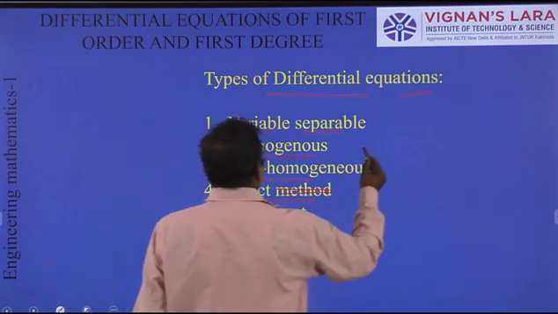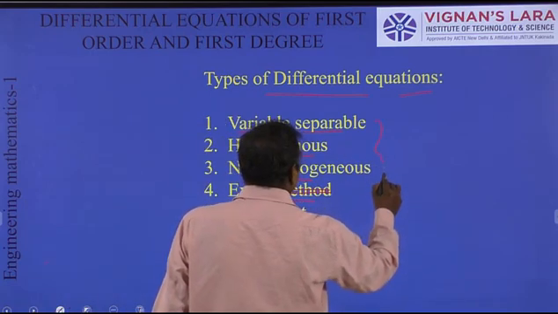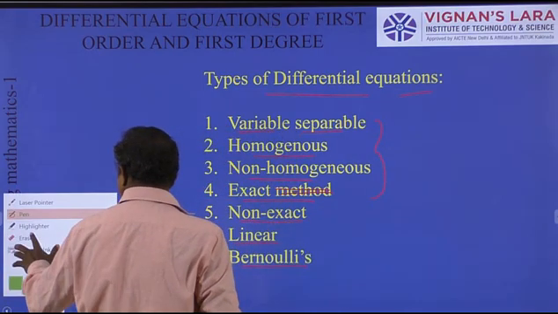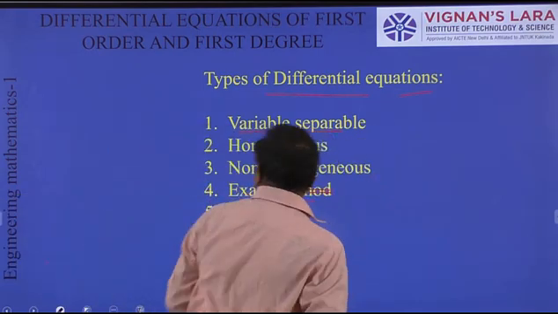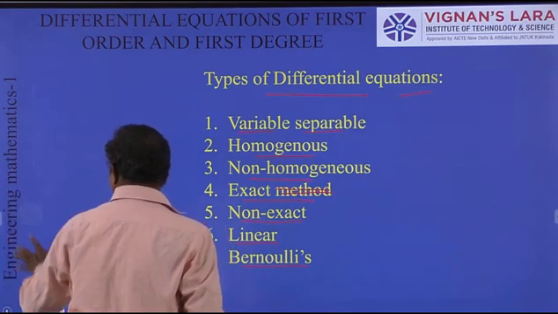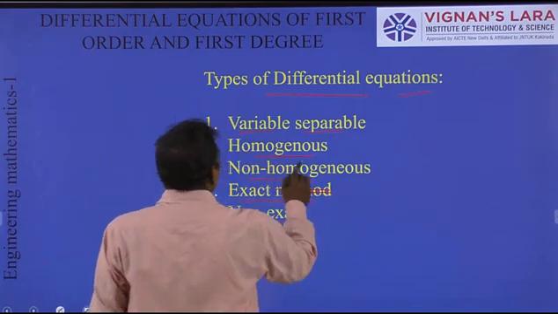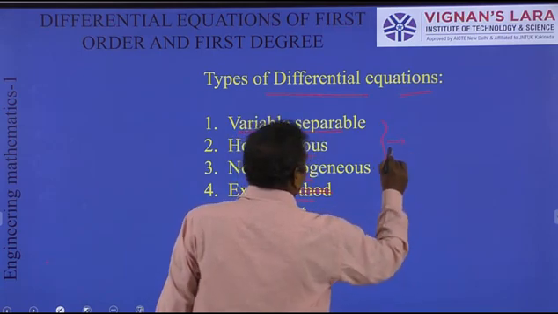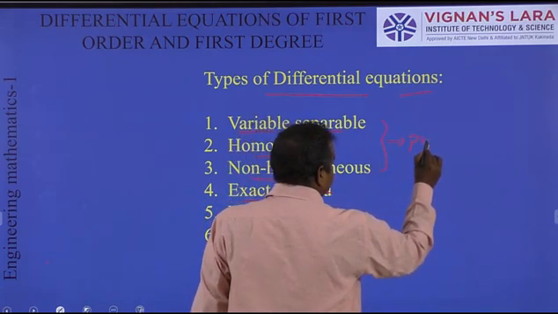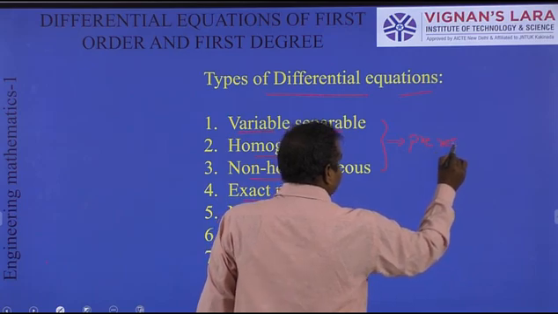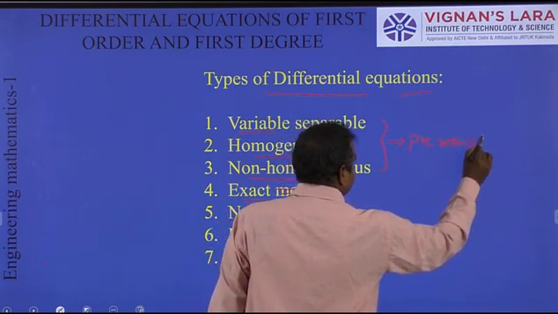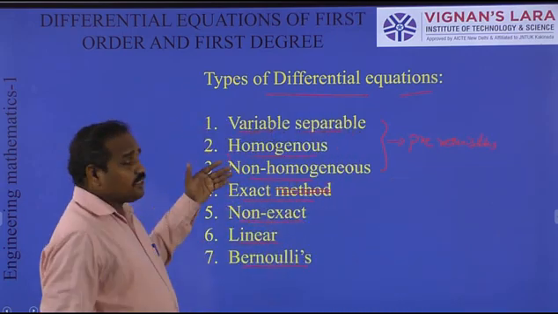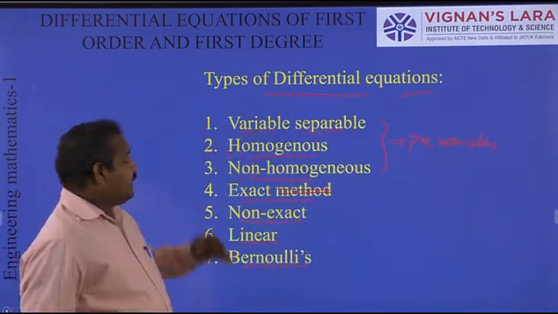Coming to variable separable, homogeneous and non-homogeneous, these 3 concepts are called prerequisites, because you all know about these 3 methods from your previous standard levels.